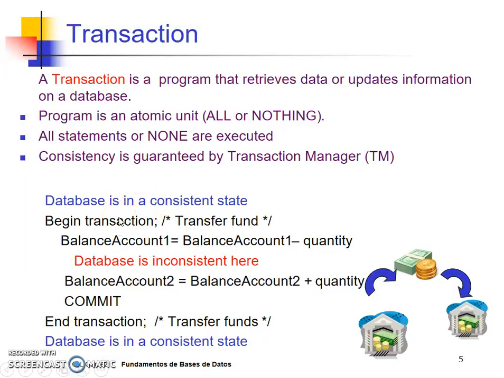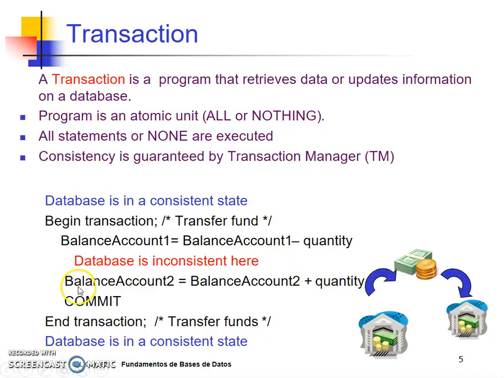Once you start executing the transaction, you change account one, and at that moment you have already subtracted the amount from the balance. At this moment, the database is inconsistent because the money is somewhere in the air, it's not in either of the two accounts.